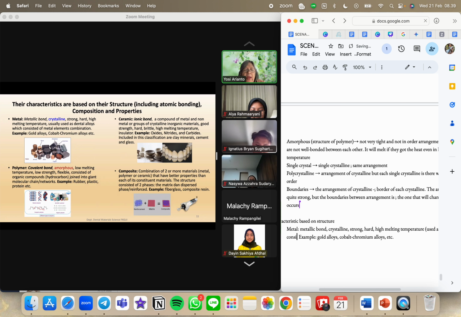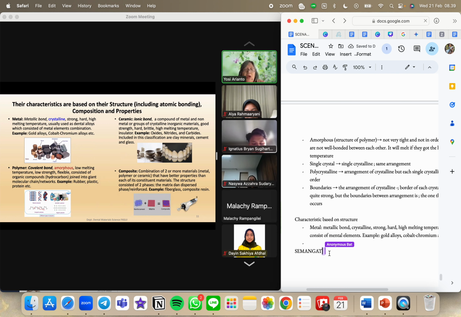Usually we combine gold with silver or others, or also cobalt chromium alloys, which we use for dental prostheses. All of these metals have a metallic bond, and it is the structure of crystalline. Very strong.